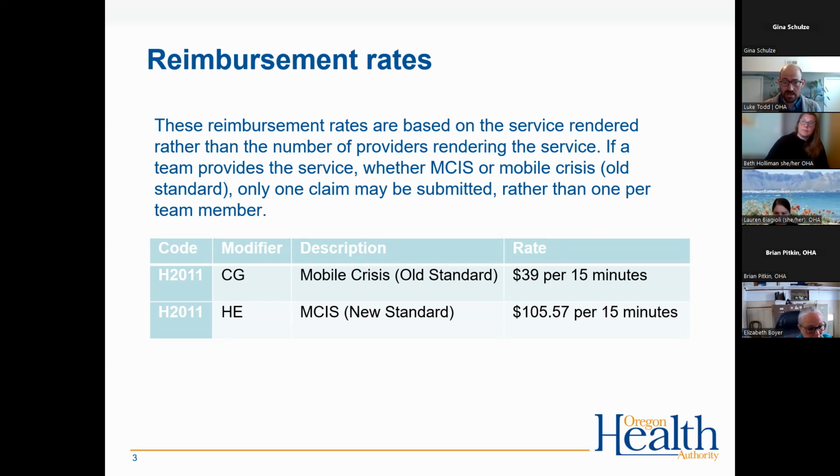So it's really operating as an informational modifier, so that we know when you bill H2011 CG, it's a mobile crisis and not a non-mobile crisis intervention. So that's a difference there. And HE is the pricing modifier that will get you that $105 rate for MCIS. If there are no questions at this time, we can move to the next slide.